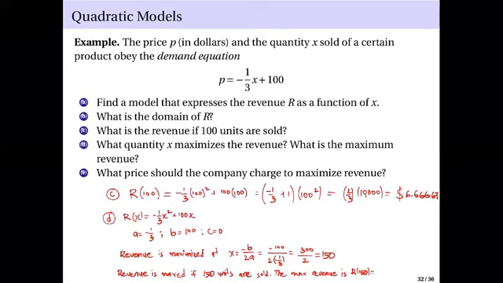This is equal to negative 1/3 times 150 squared plus 100 times 150. Okay? So try to calculate this revenue and we'll get what? So let's solve that.